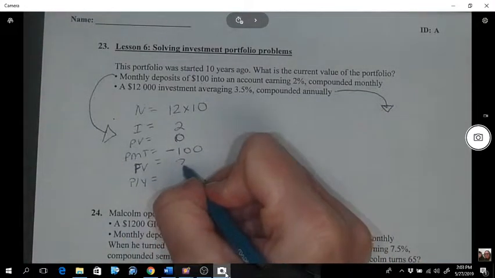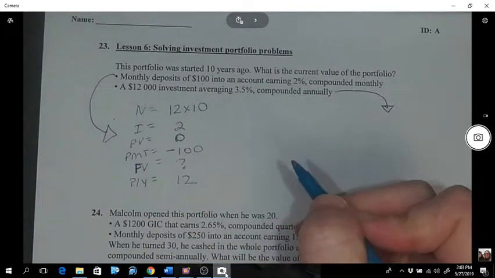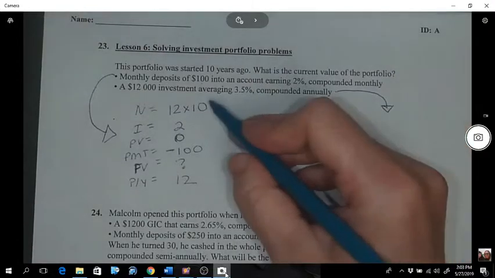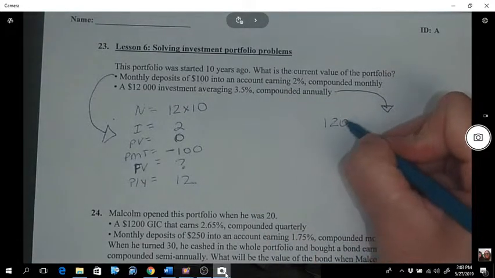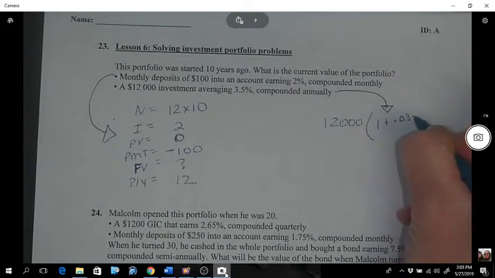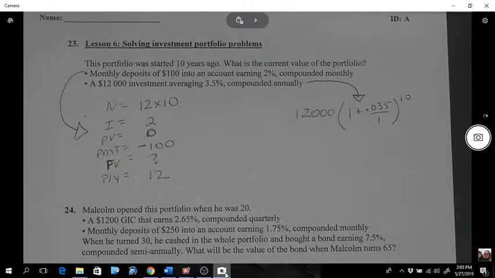Future value is the solve, and payments per year is 12. And then our compound part: we have a $12,000 investment times 1 plus 0.035, compounding annually, for 10 years.